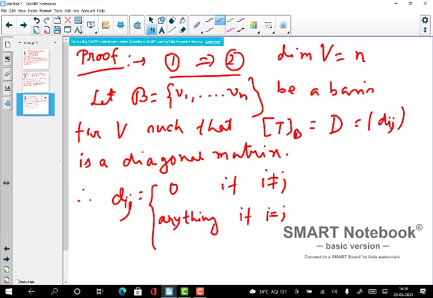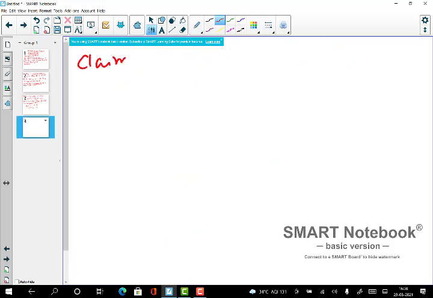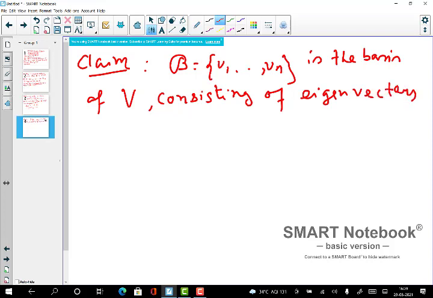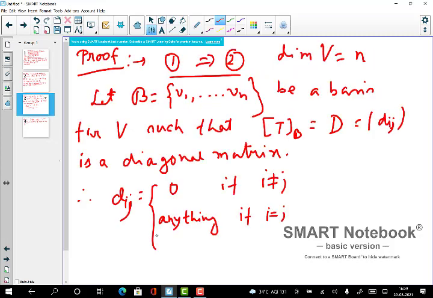So our claim is that this B, which is v1, v2, up to vn, is a basis of V consisting of eigenvectors of T. That is obvious from the matrix representation.